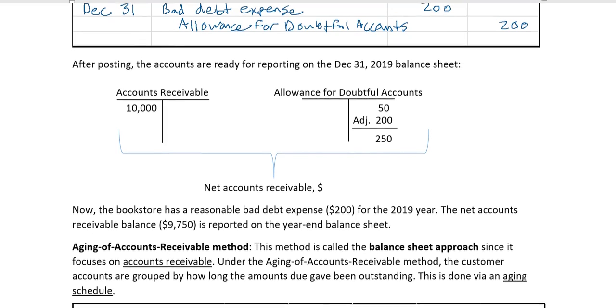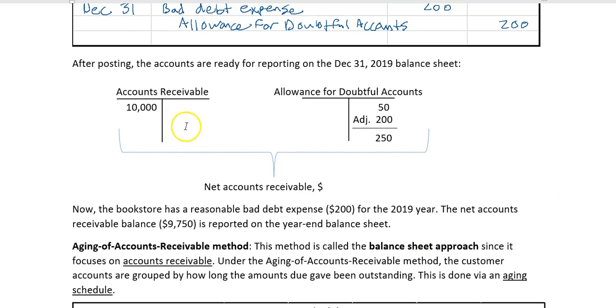So if you have a look here at the T account, we have AR of 10,000. These are the sales on account, of which none have been collected. And we have our AFDA. This is a contra account to AR. We had 50 to start with. We make our $200 adjustment up here. And therefore we have a credit balance sitting in here of 250.